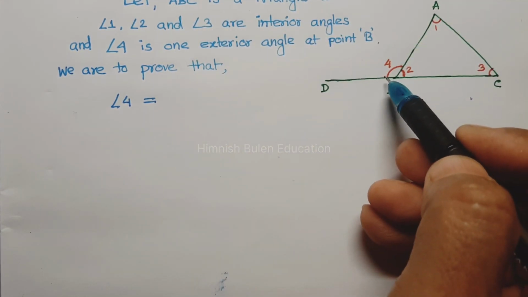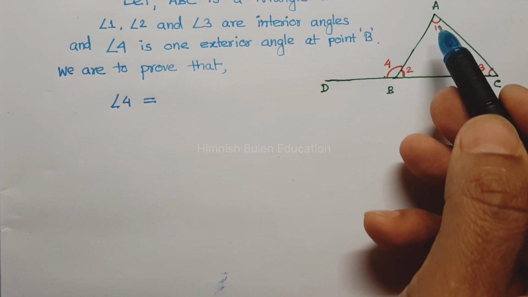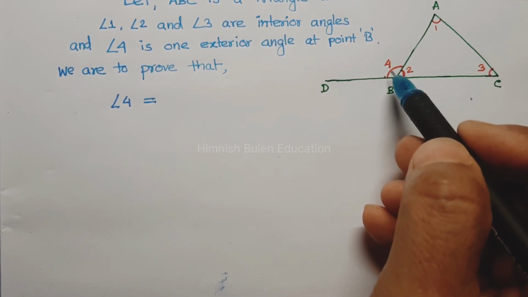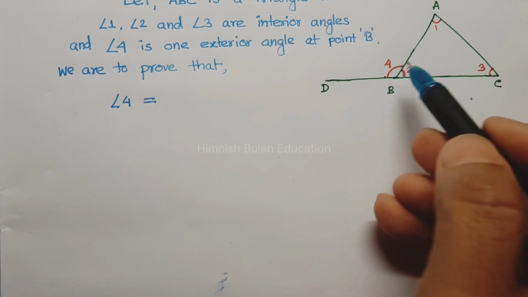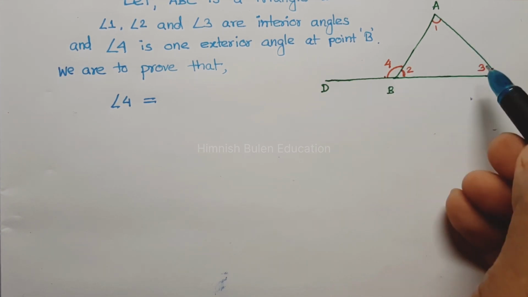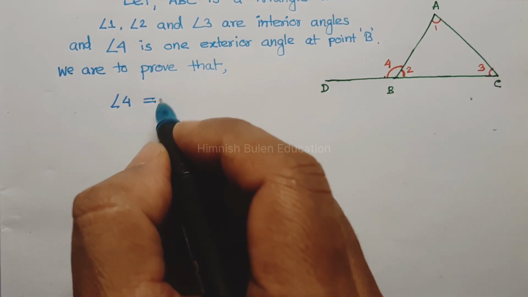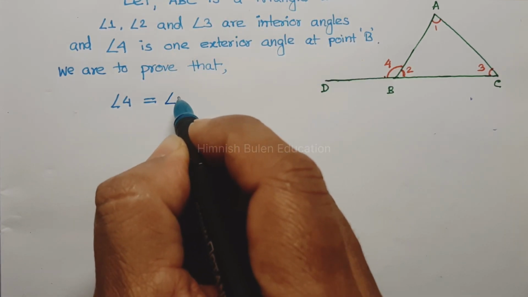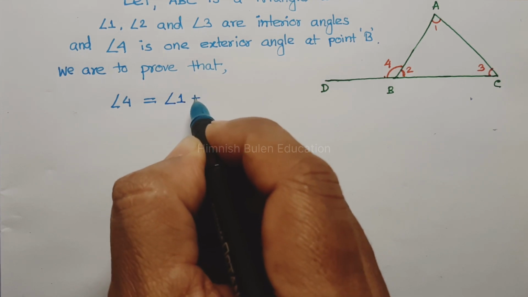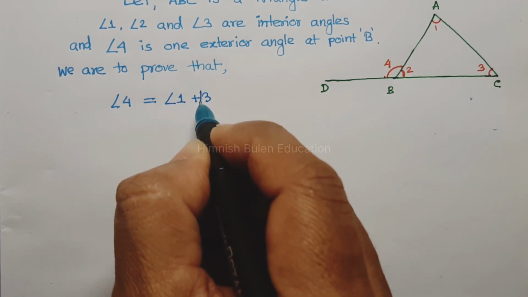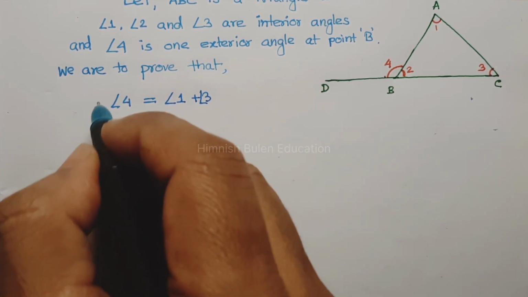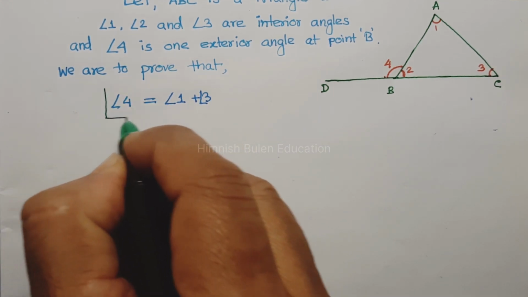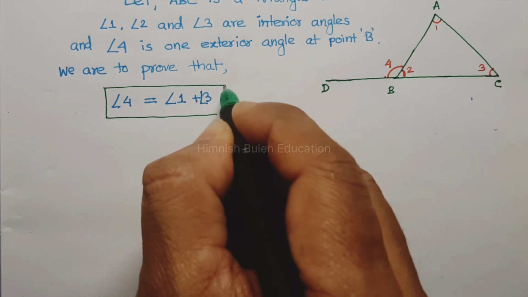So this is the exterior angle of the triangle ABC, and the opposite interior angles of this exterior angle are 1 and 3. So according to the exterior angle theorem, angle 4 is equal to angle 1 plus angle 3. This is the condition we need to prove.